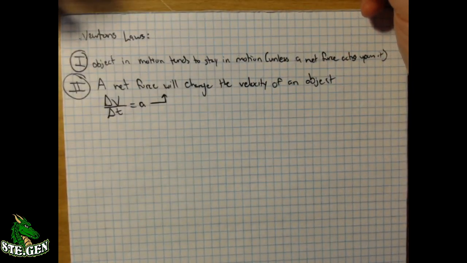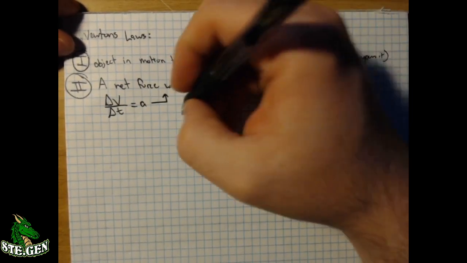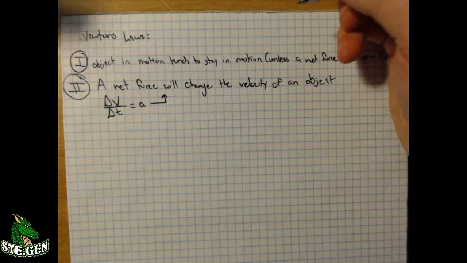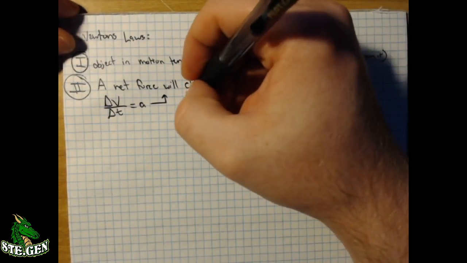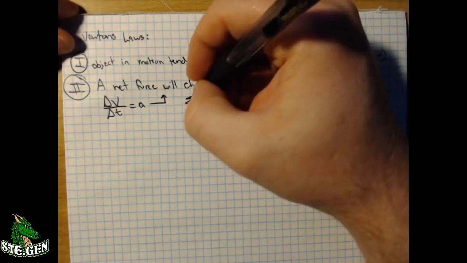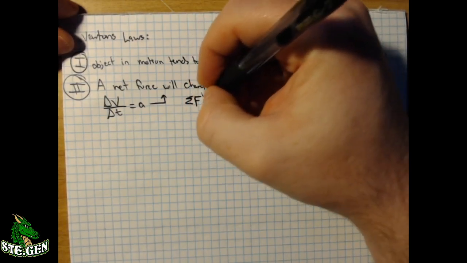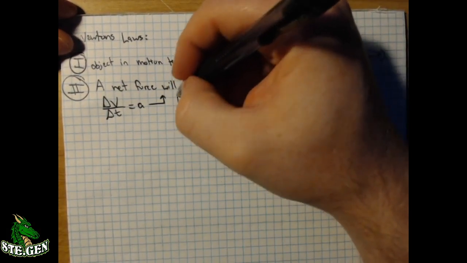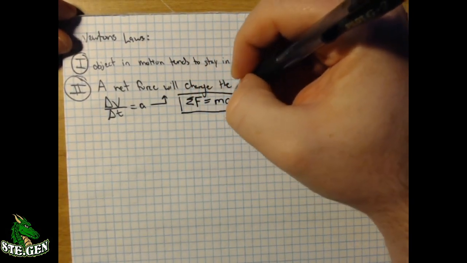Mass is also the thing that affects how difficult it is to get something moving. So we have to relate the net force, or the sum of the forces, to mass and acceleration. And that's where F equals ma comes from.